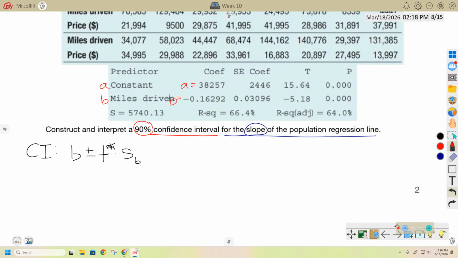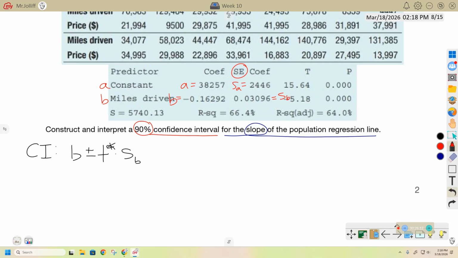The second column, what is the title of the second column? Standard error, SE coefficient. Yeah, we know that this means standard error. So this number here is SA, which we're never going to use. This number here is my SB. And you will notice that's what I need for my confidence interval.